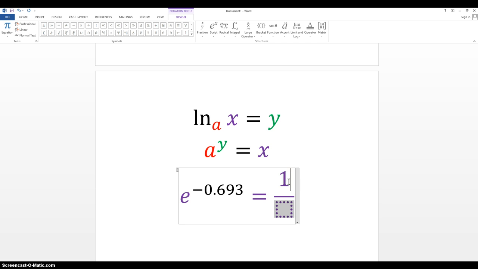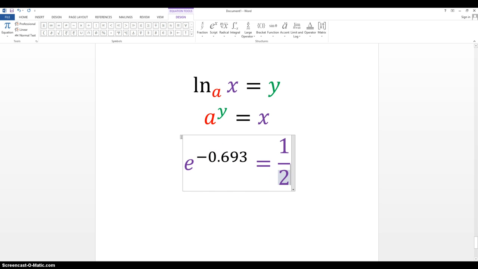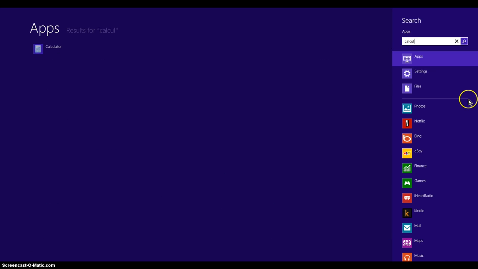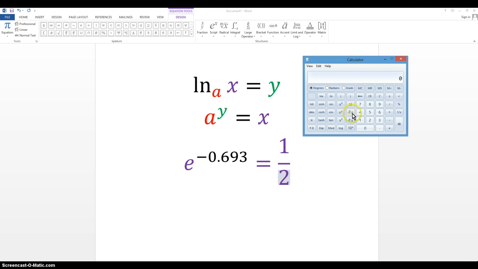And actually what happens is if you type this in your calculator, you should get the same thing. So let's go ahead and just look at the calculator. Let me open up the calculator application on this computer. So I have E. I'm looking for my E if I have it.